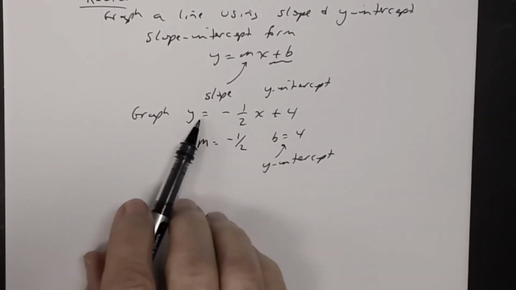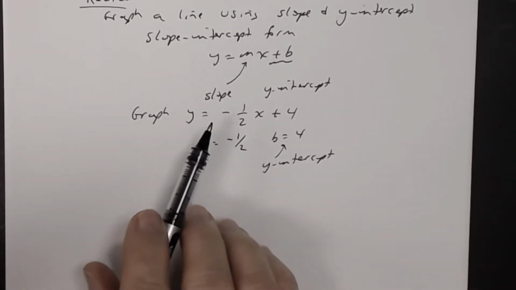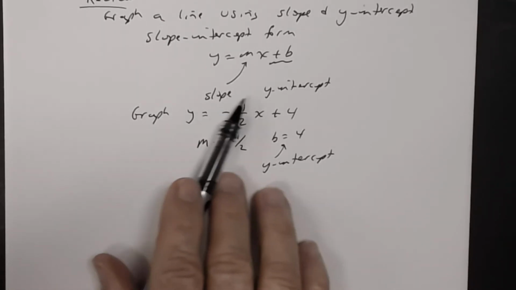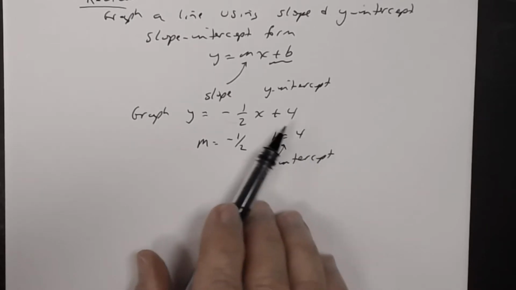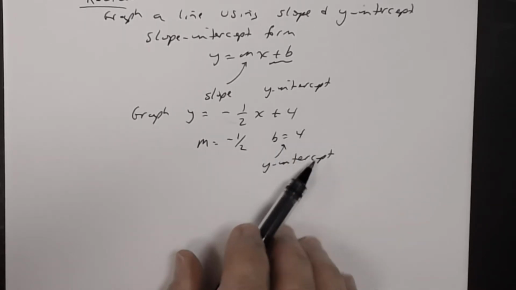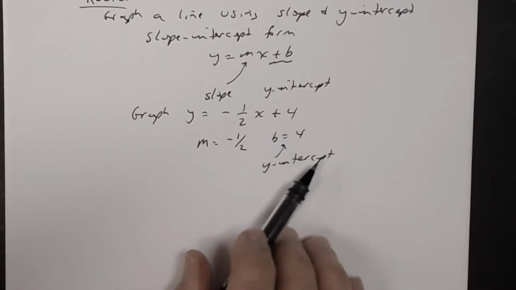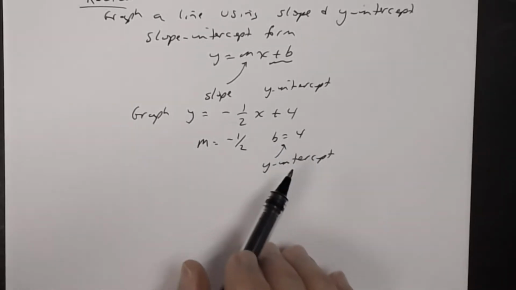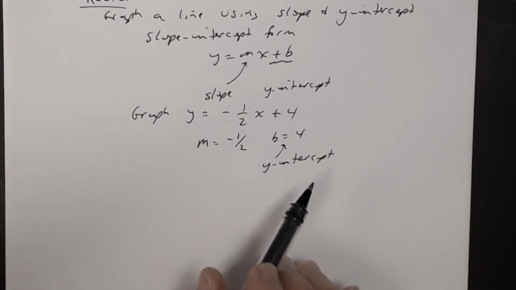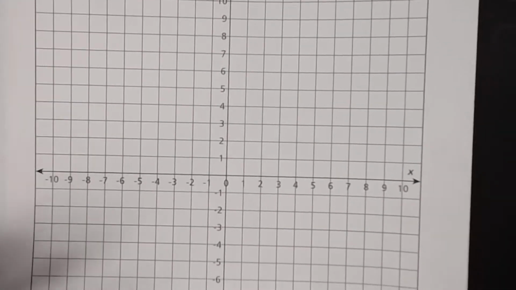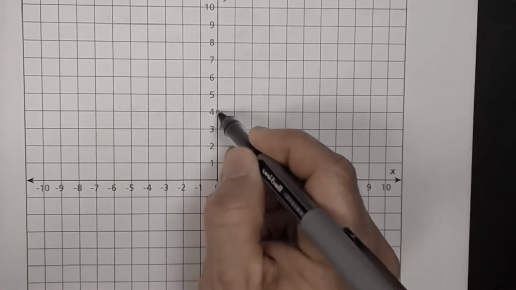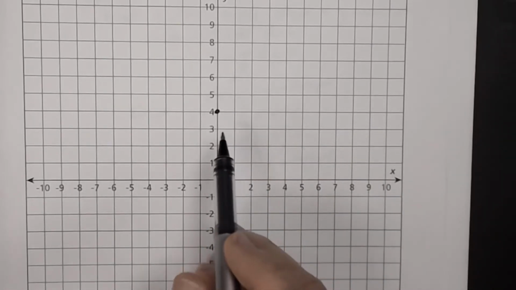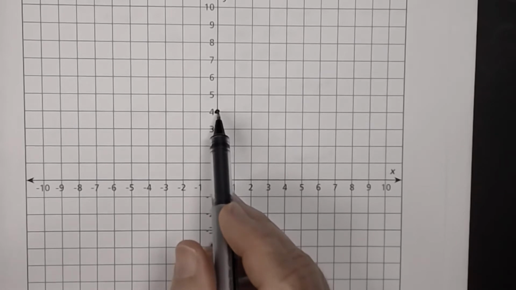And remember, to graph a line, you need 2 points. And so to graph this line using slope and y-intercept, I already know one of the points. So one of my points is this y-intercept. So that's where the graph is going to cross the y-axis. So right away, I can go to my grid, and on the y-axis, I can plot this point right here, and that's where the graph's going to cross the y-axis.